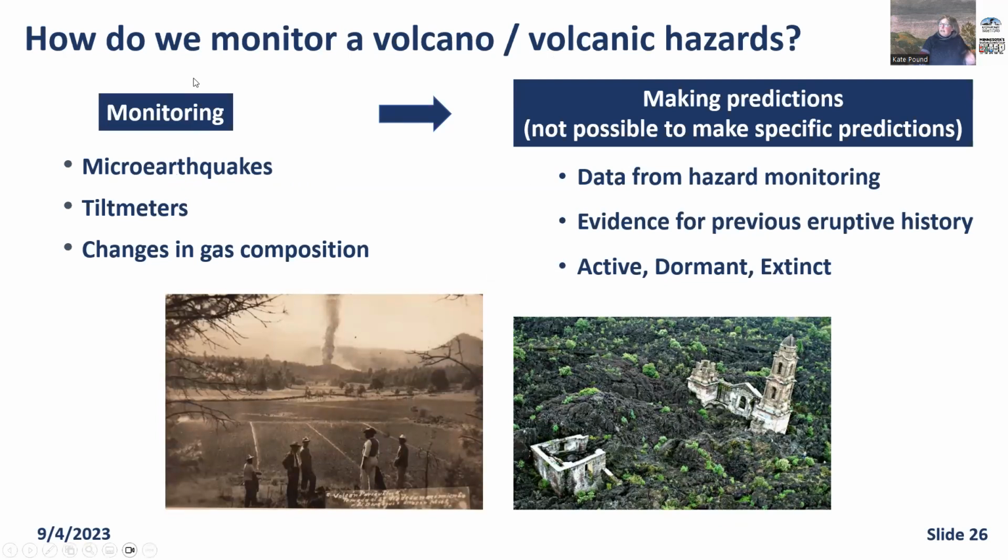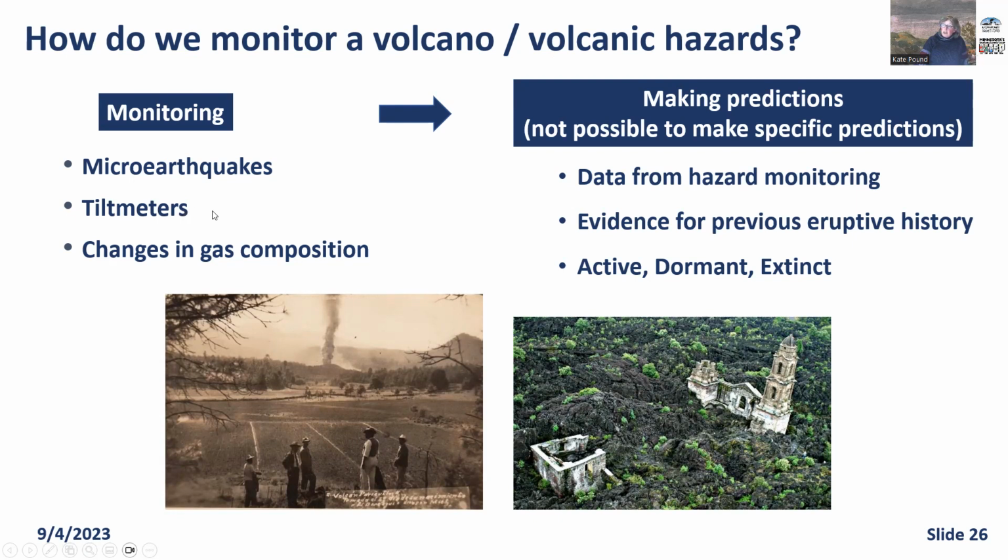Now, let's think about how do we actually monitor volcanic hazards? Well, we look for micro earthquakes. Every single volcano has its own heartbeat, if you like. And the volcanologists and seismologists, that's the people who study the earthquakes, get to know exactly how to interpret the seismic signatures.